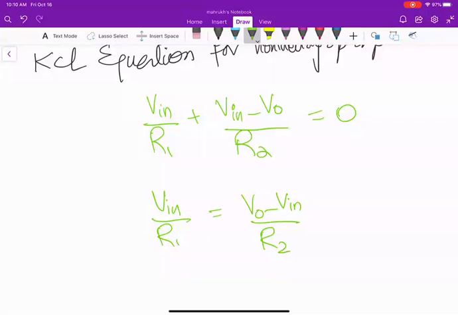Another thing you need to understand is that A naught is a constant gain, but V naught over V in is what you get from the different configurations of op amps.